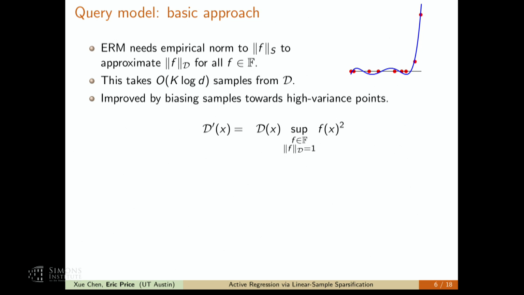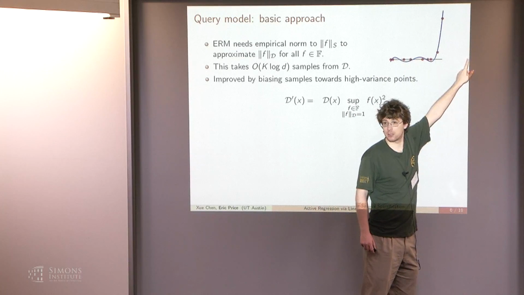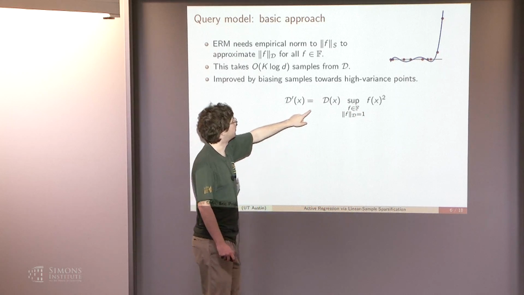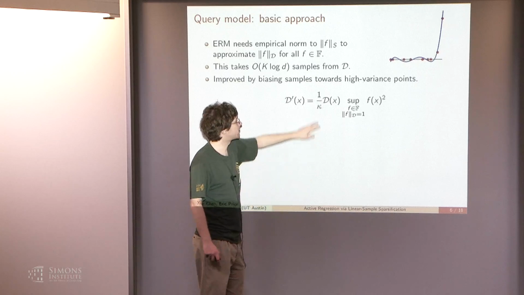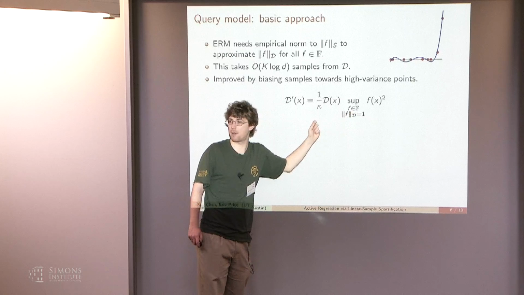If I sample not from the original distribution d of x, but from a distribution d prime of x that scales up x by how big the value could be in the ERM calculation. Now this isn't normalized. You need to divide by the average of this. What is the average of this? Well, it's the expectation of the sup of f of x squared, which is exactly the kappa that we defined before.